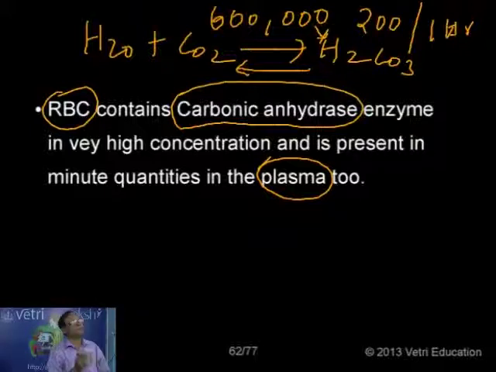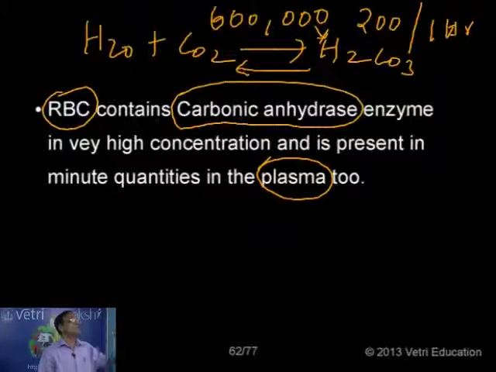So this enzyme accelerates the rate of reaction by 10 million times. That's why it's called the fastest enzyme in the enzyme world. In the absence of the enzyme, we receive only 200 molecules per hour, but in the presence of the enzyme, we receive 600,000 molecules of carbonic acid per second, not per hour. So that is why it's called the fastest enzyme, as it increases the rate of reaction 10 million times.